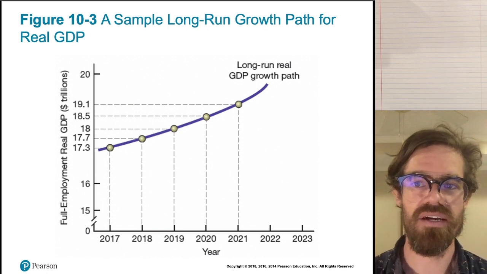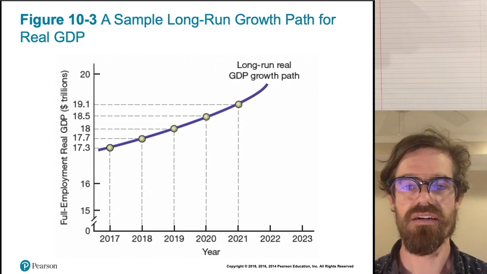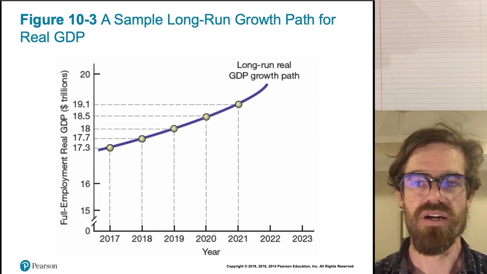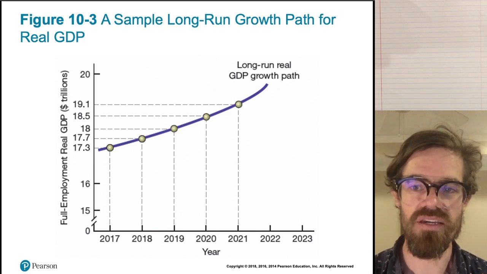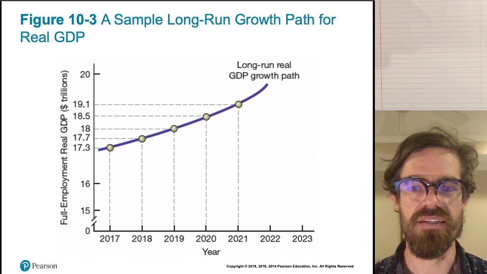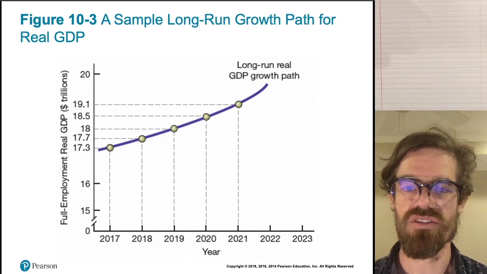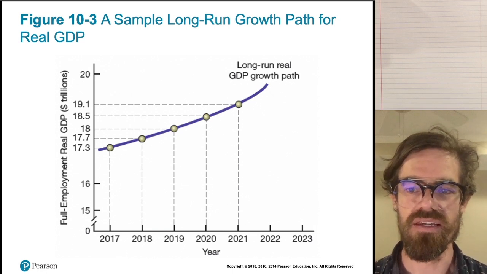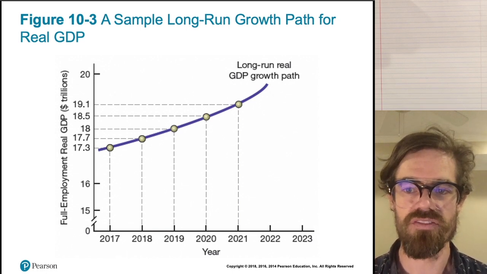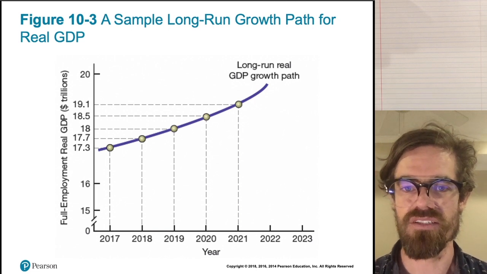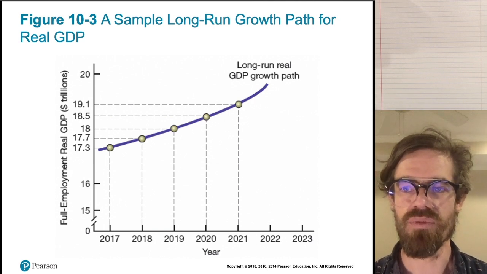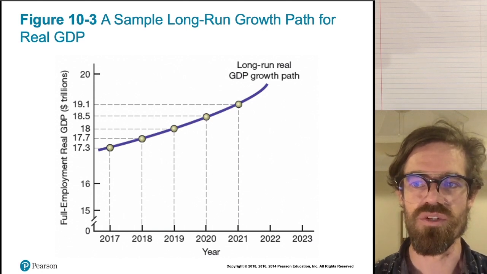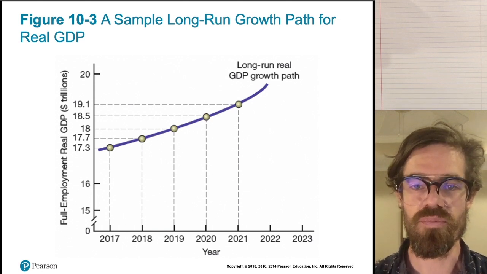We can also think about plotting on a graph the long-run growth path. So plotting real GDP over time, and typically it slowly increases over time. If we plotted the real GDP for certain years and connected the dots with a line, it would generally be sloping upward, and that's what we refer to as the long-run real GDP growth path.